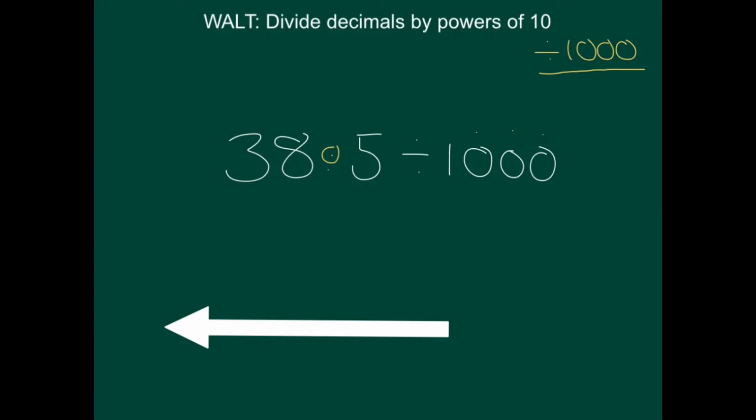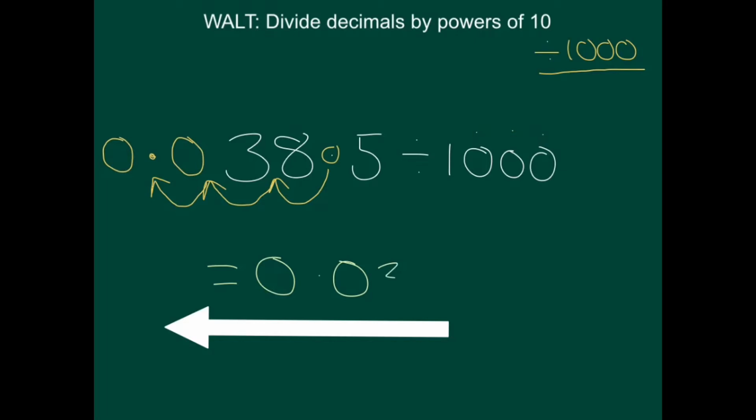So it's going to go 1, so we've divided it by 10, 2 to divide it by 100, and 3 to divide by 1000. So we've moved a place with no numbers, so we've got to put our placeholder 0 in, and it's ended up here, so we can put our placeholder 0 in to start. So that means our final answer will be 0.0385.